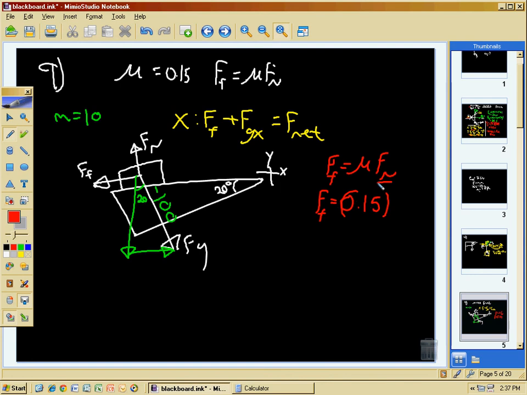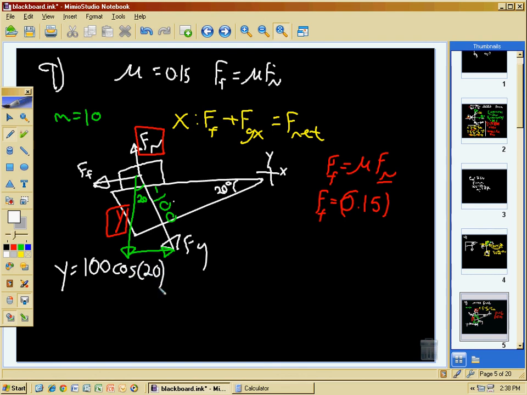However, this block is not leaping up off the ramp, right? So if it's not leaping up off the ramp, what we know is the normal force must be equal to the y component of gravity, which we can find. The y component of gravity is going to equal the force of gravity, this hypotenuse right there, times cosine 20 degrees.